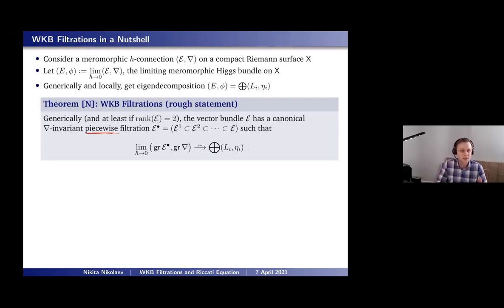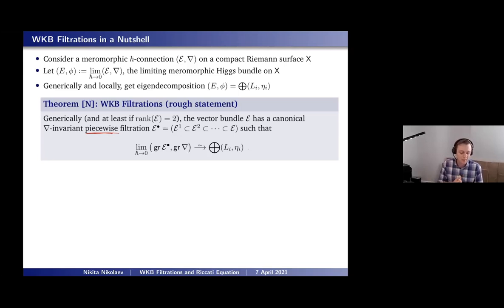Namely, it's the equation that I wrote here. You take this filtration, and you can take its associated graded. That is a direct sum of line bundles with rank 1 meromorphic H-bar connections. And you can consider the limit of that as H-bar goes to 0. And it turns out that such an associated graded is canonically the eigenspace decomposition over each cell.